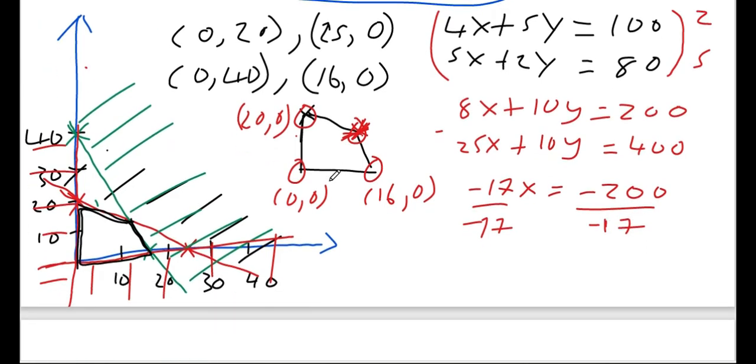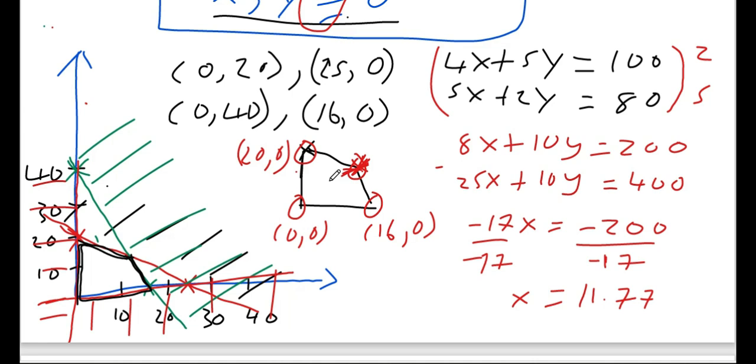Okay, so that you find what you're going to get for x. Doing a quick calculation there, 200 divided by 17, you actually get x is equal to 11.77. So now, having gotten x, you can get y by substituting x on any of those equations.